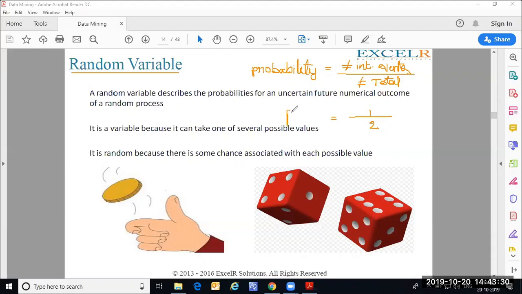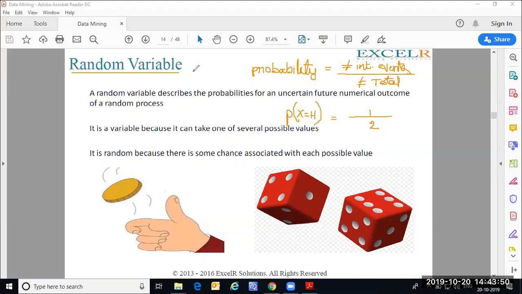So the probability associated of a random variable x having an output as head is 1/2, 0.5.